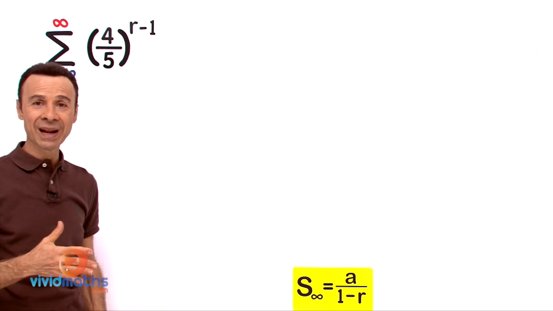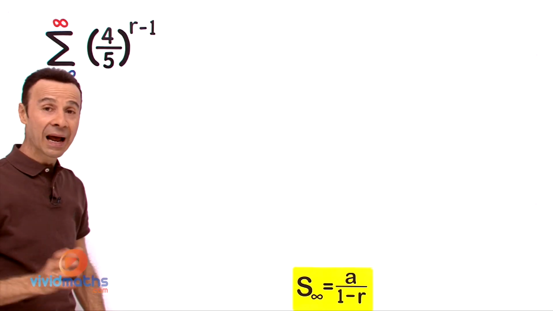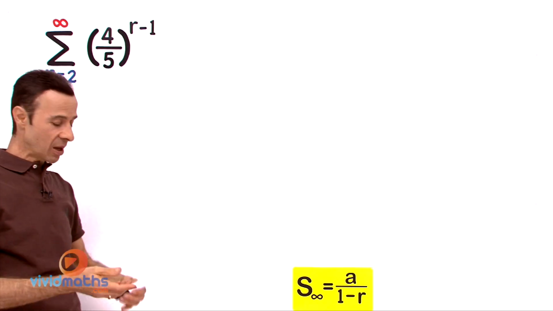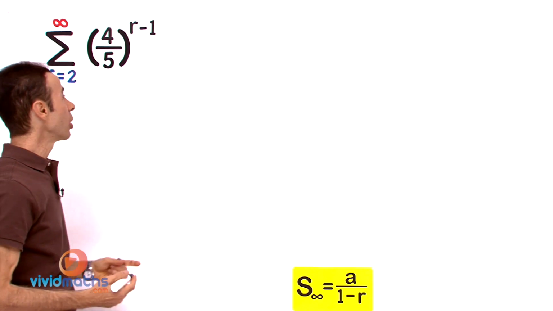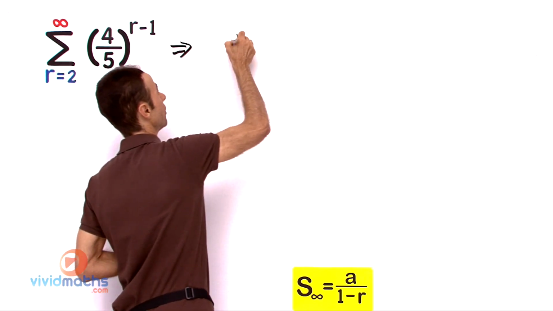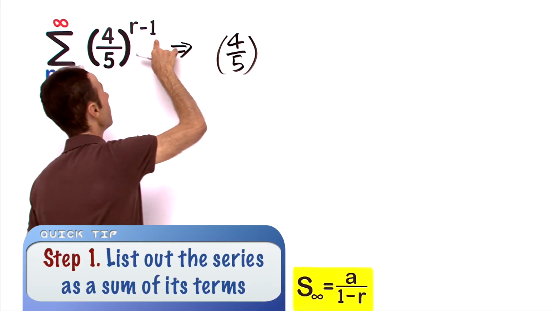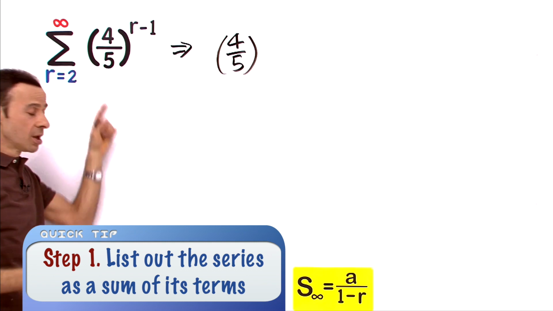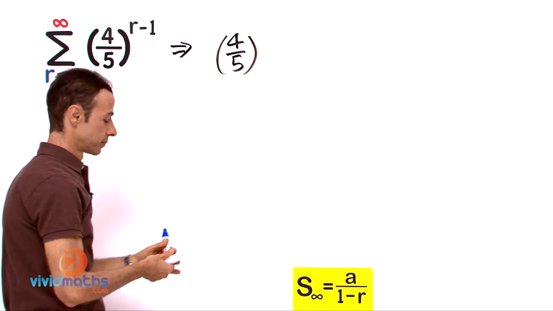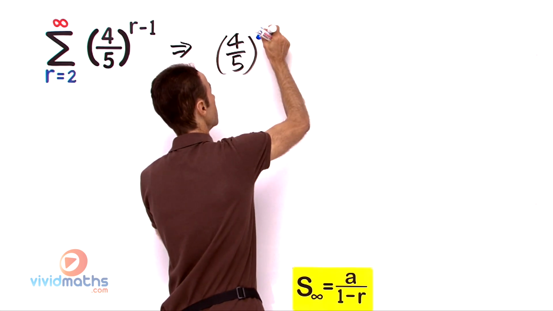Step number one, let's write out the series based on this function. And we're going to add up all the values because sigma means the sum of, as I said earlier. So what do we have? Well, the first one is 4 over 5, all to the power of r minus 1. The first r is 2, so that will be 2 take away 1.